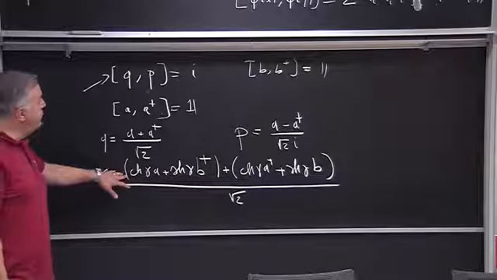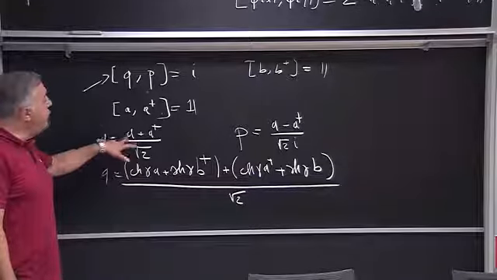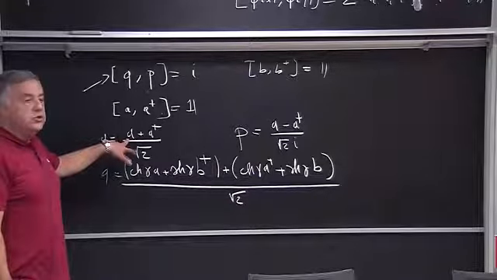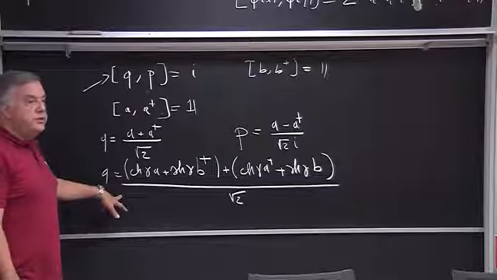So you can do this in terms not of one pair of creation annihilation operators, but two pairs.